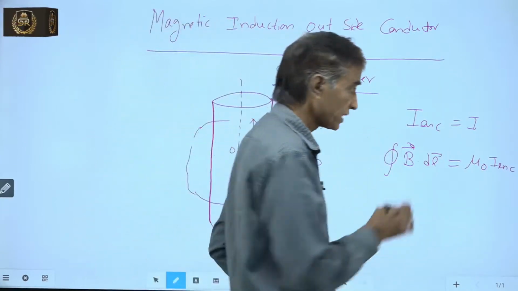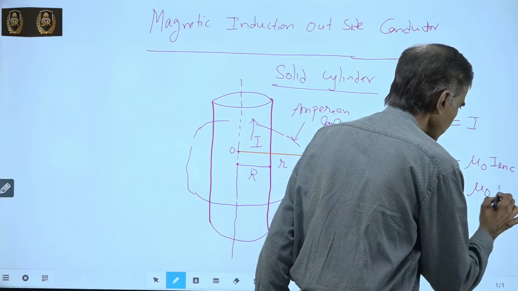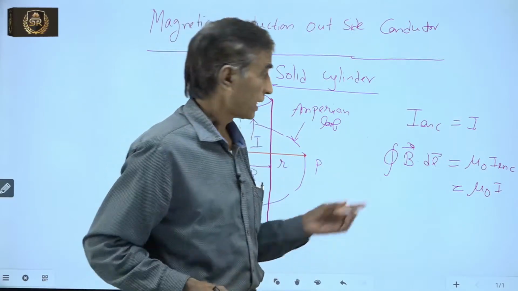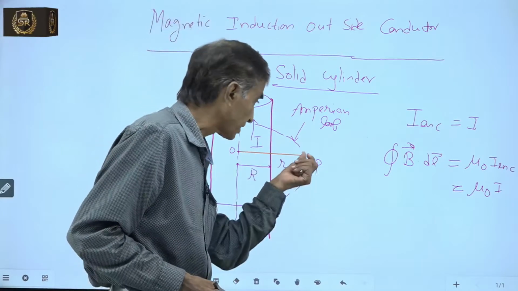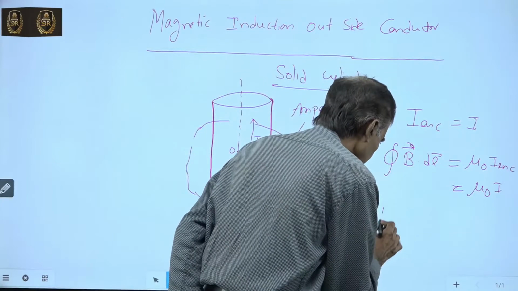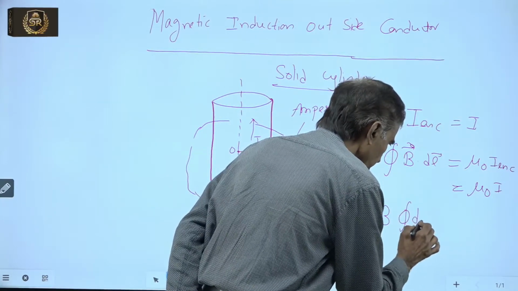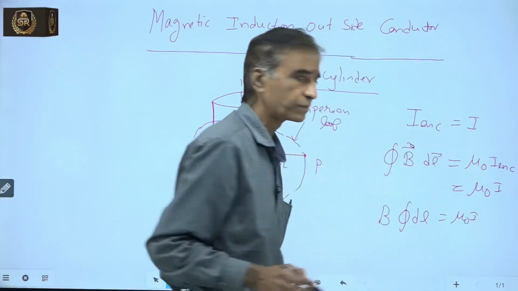I enclosed is how much? I. The total current is enclosed here. Therefore, mu naught into I. And here B is a constant, isn't it? B is a constant at this point because the current is steady. Therefore, we can take B outside: B into the integral of dl equals mu naught into I.